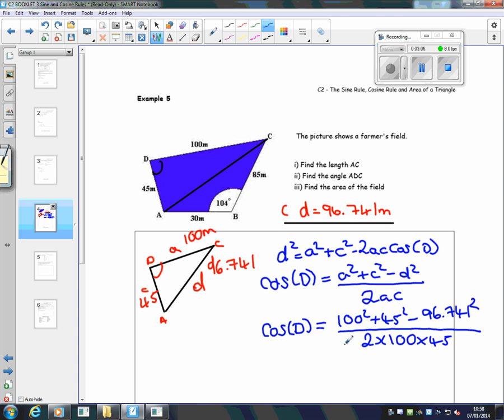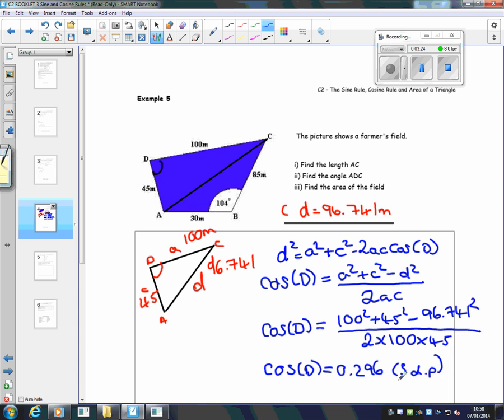So typing this into your calculator, you'll come out with cos of capital D equal to 0.296, correct to 3 decimal places.